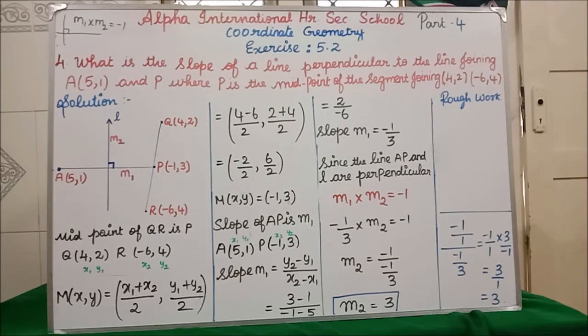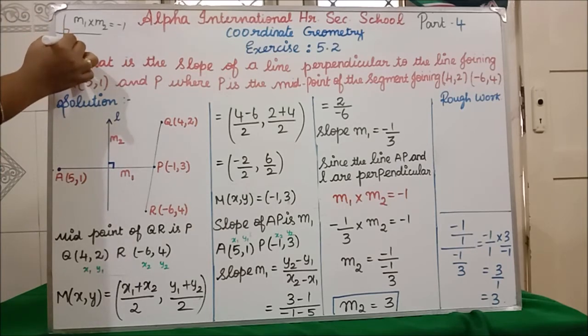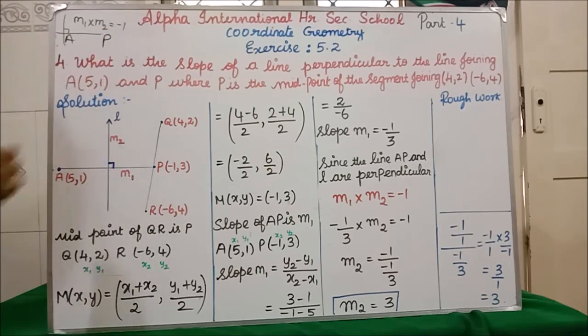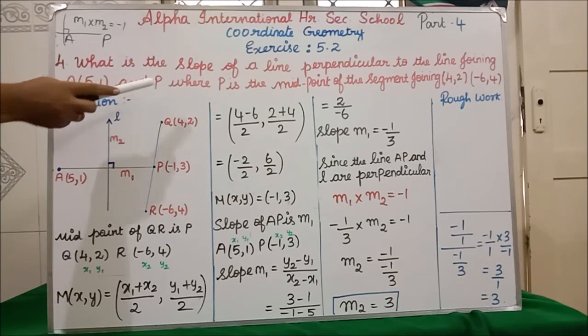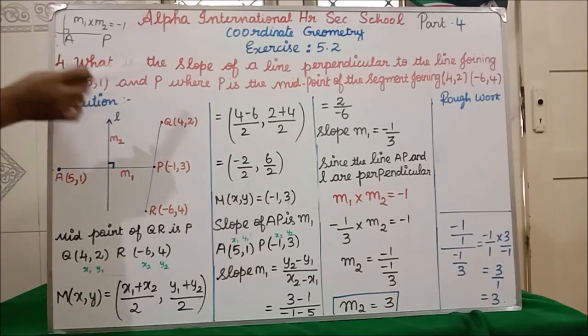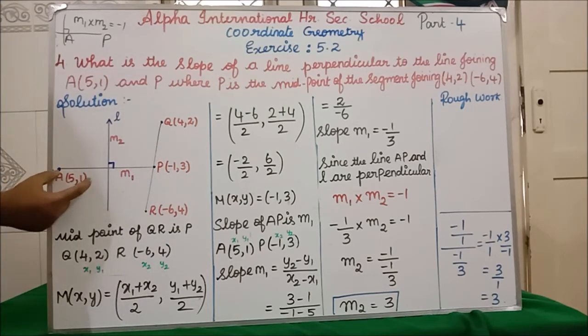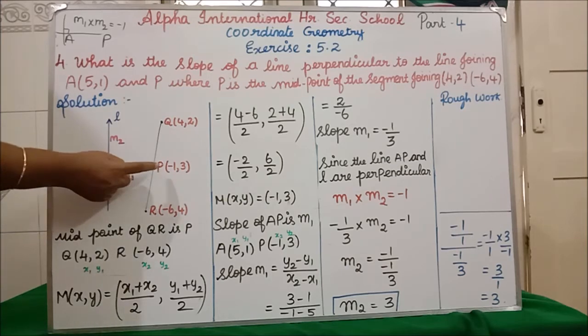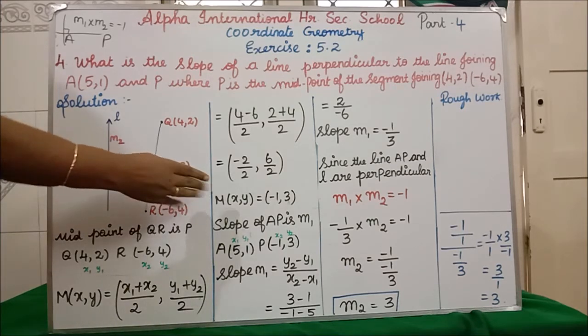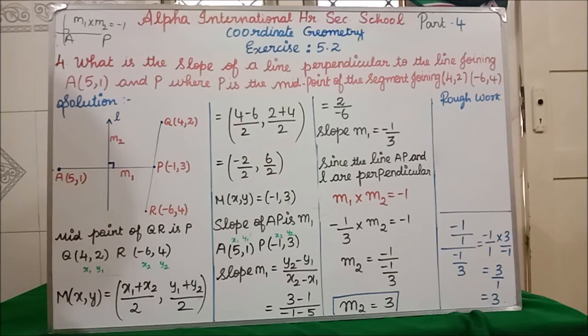Perpendicular to the line joining A (5, 1) and P. Which means here point A is there and here point P is there. Like that we have to consider. But the point P is not given in the question; they have only mentioned P. Till now we don't know the point P. After finding it only, I will write it here.